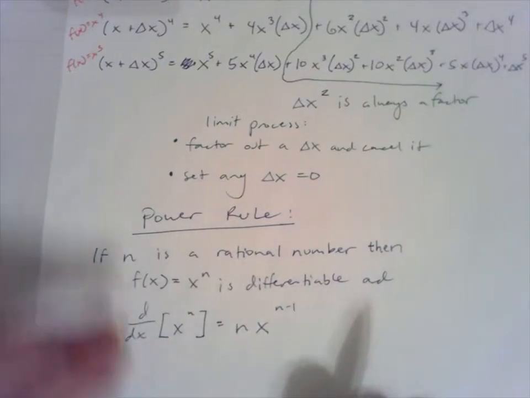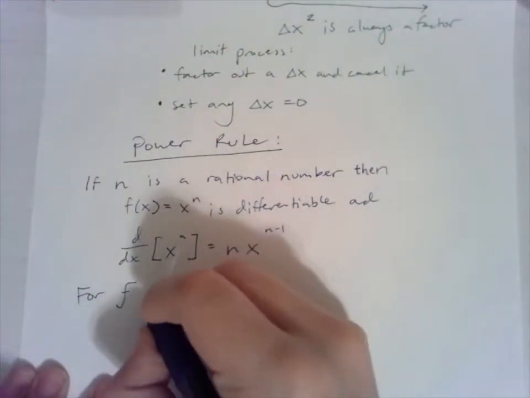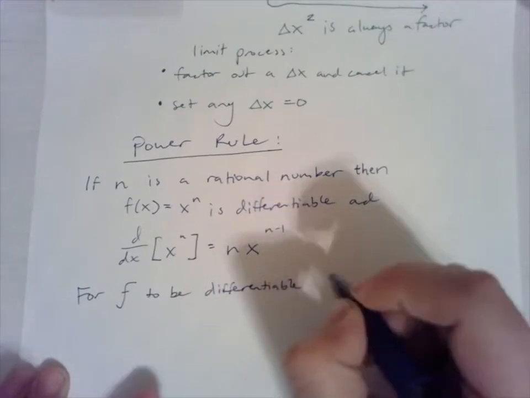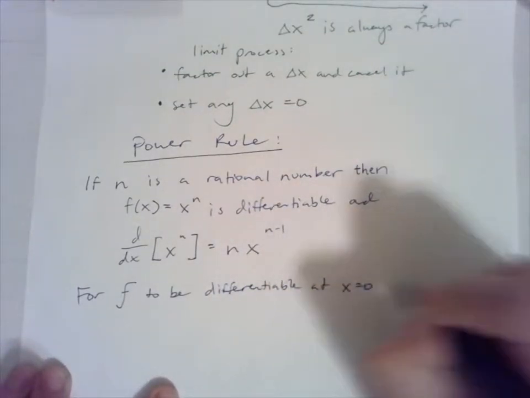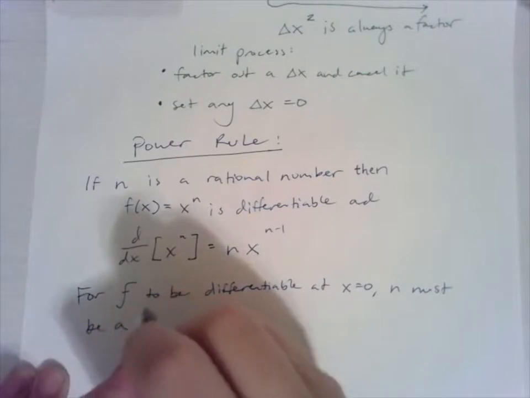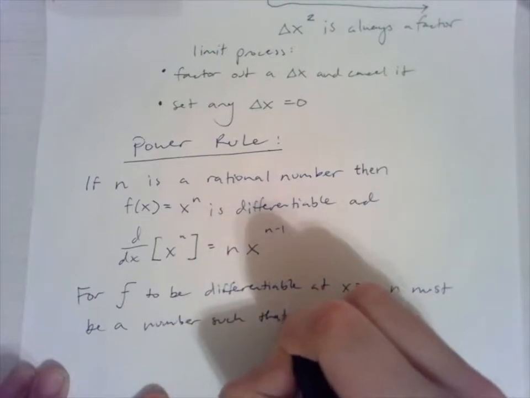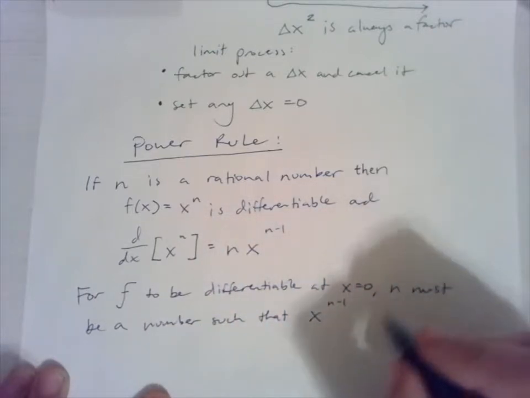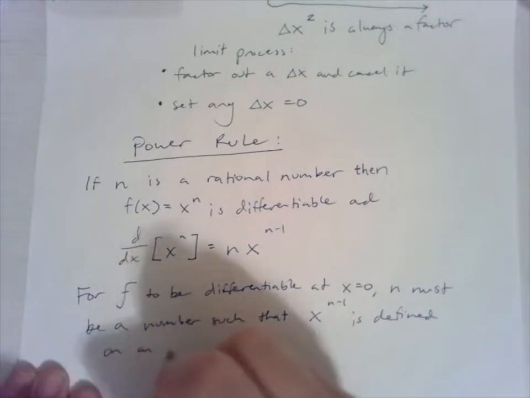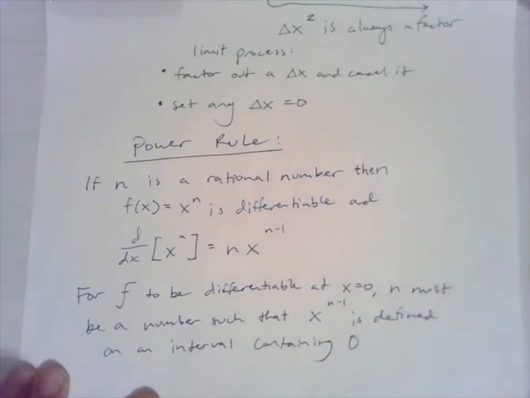And furthermore, for our function f to be differentiable at x equals 0, n must be a number such that x to the n minus 1 is defined on an interval containing 0.